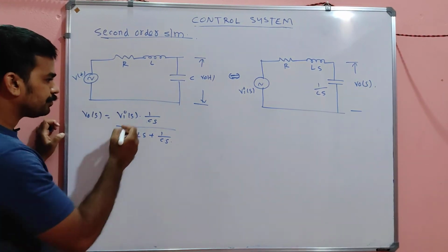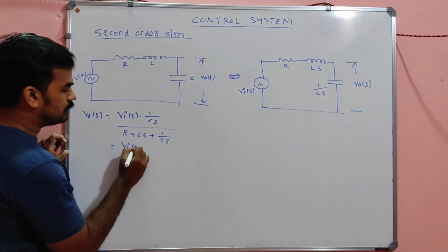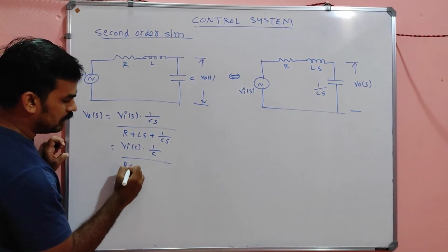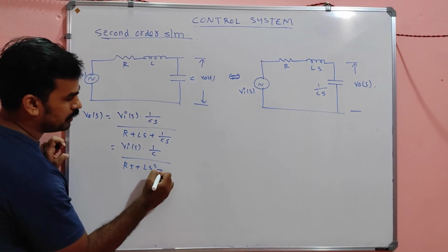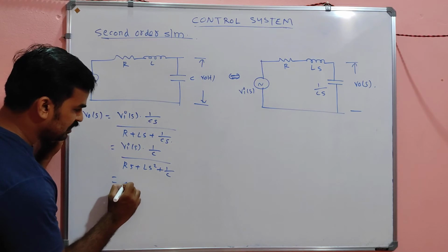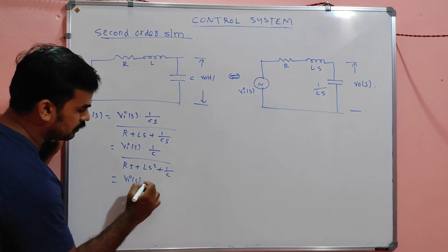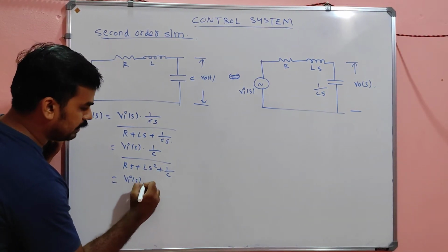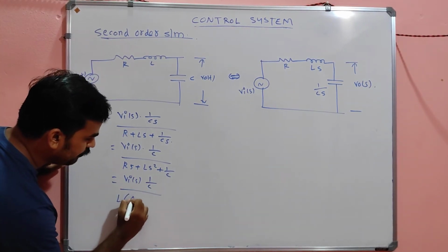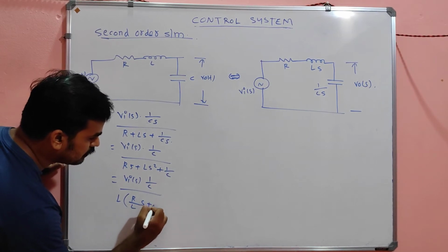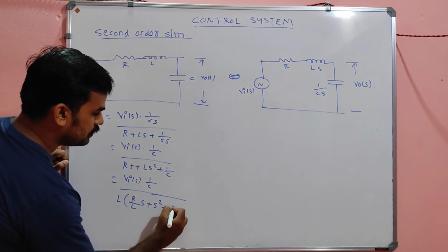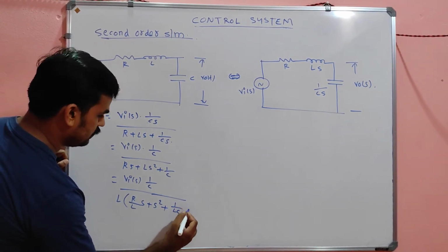So it will become VA of S into 1 by C whole divided by Rs plus L S square plus 1 by C. Taking L outside, it will become L into S square plus R by L into S plus 1 by LC.